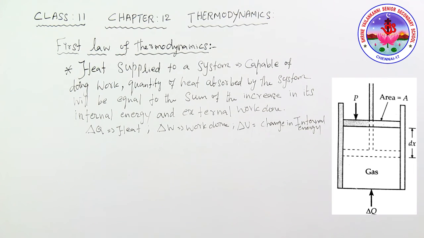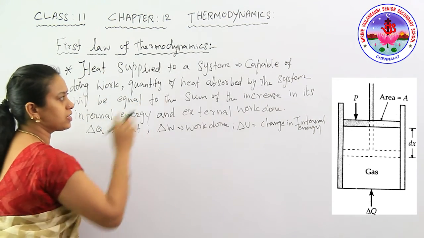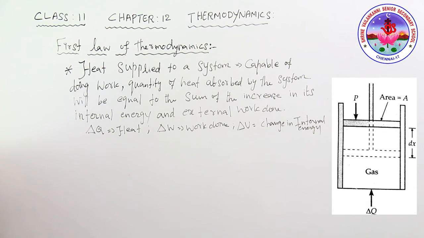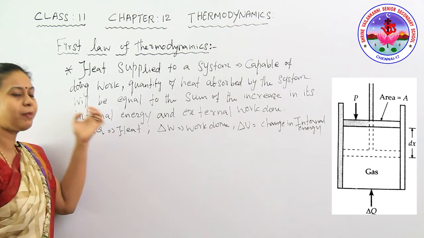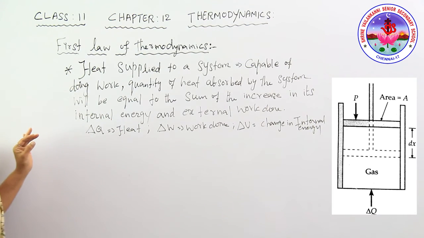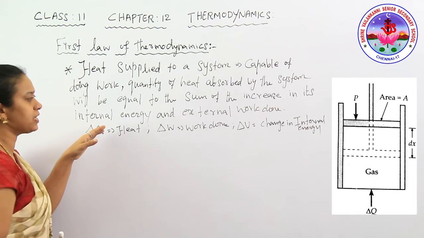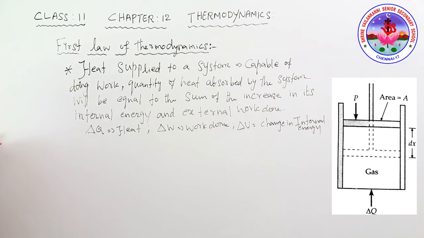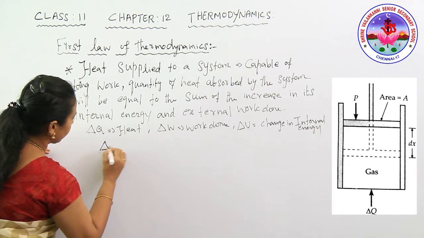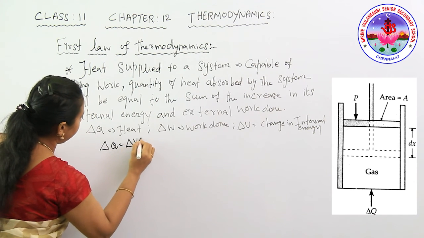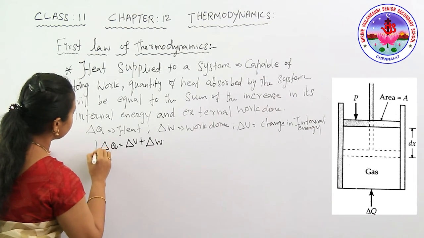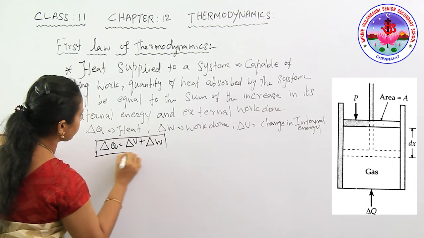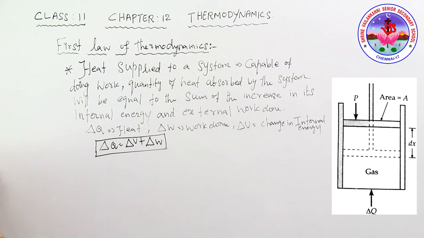According to the first law of thermodynamics, the quantity of heat absorbed by the system is equal to the sum of increase in its internal energy and the external work done. That means del Q is equal to del U plus del W. So this is the mathematical relation of the statement, right?